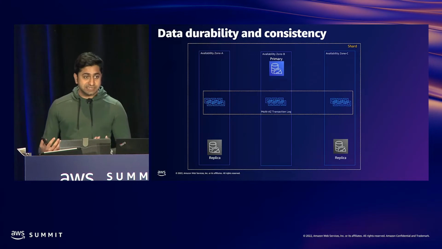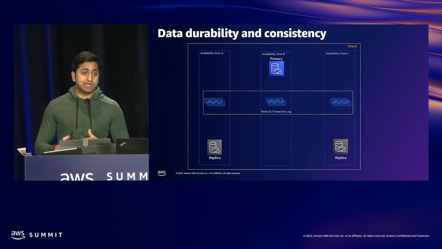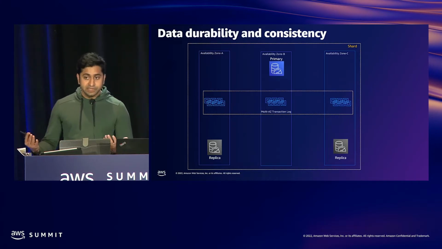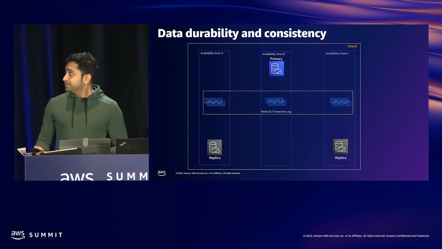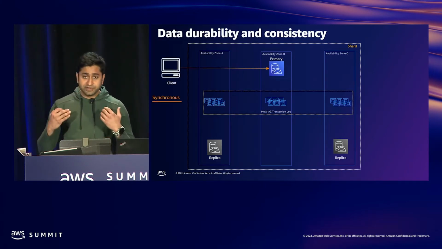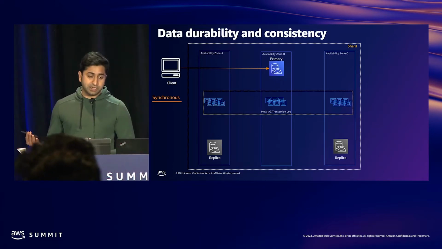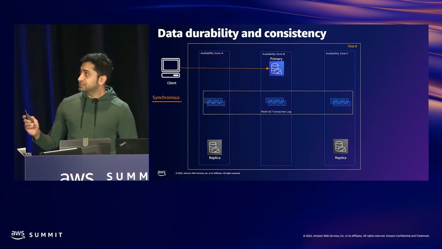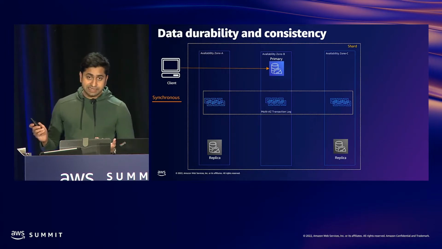As the name suggests, this is a solution that spans multiple AZs within a given region, right? And if the client's application connects to the cluster, it connects to the primary node, and this connection is technically asynchronous in nature.